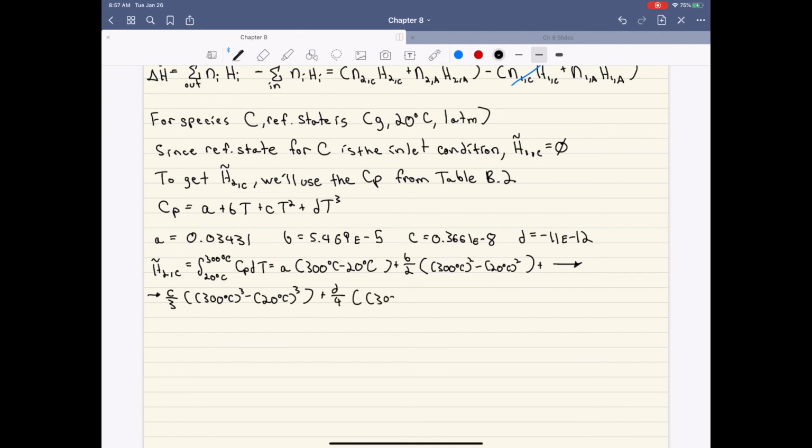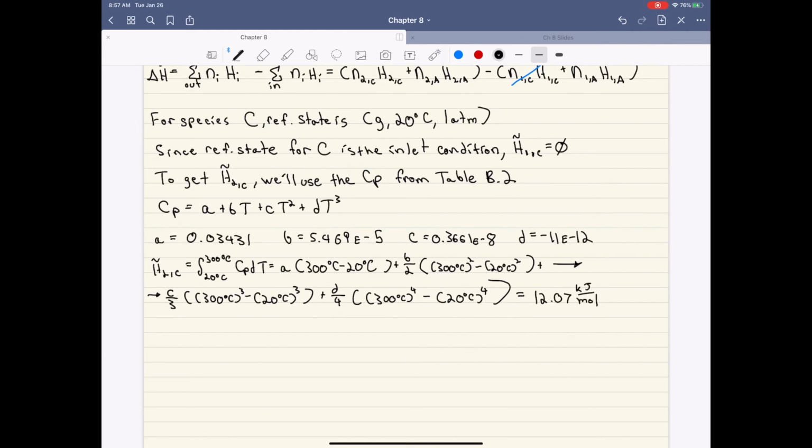We have 300 degrees C to the 4th, minus 20 degrees C to the 4th as well. Okay? All right, so at this point, we've got to plug in the A, B, C, and D. And then if we calculate this, what we get is a molar enthalpy of 12.07 kilojoules per mole.